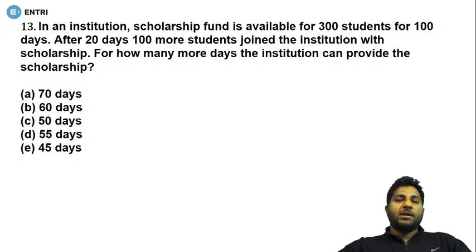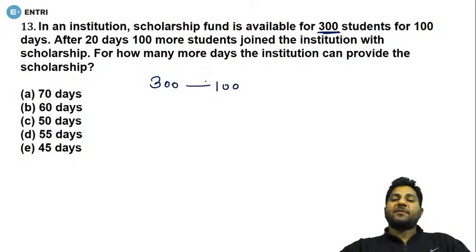Look at this. In an institution, scholarship fund is available for 300 students. So for 300 students, the scholarship lasted for 100 days. After 20 days, 100 more students joined.